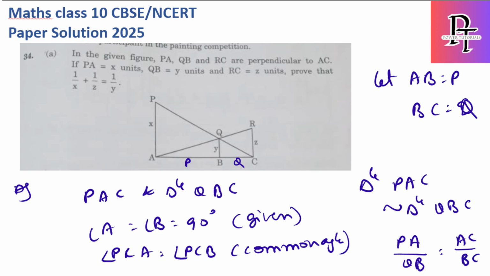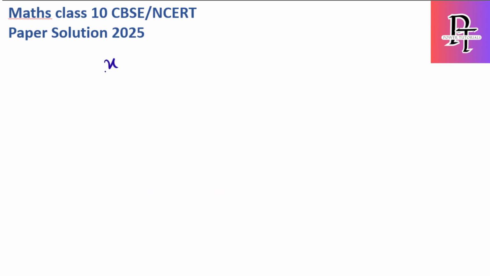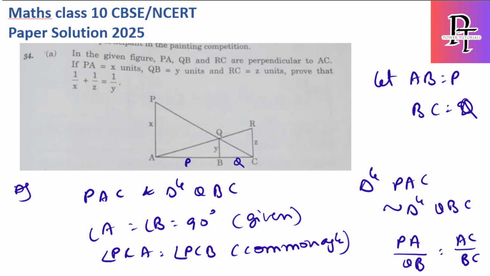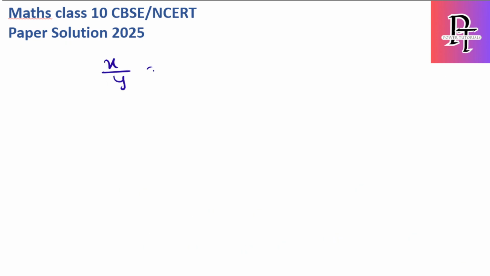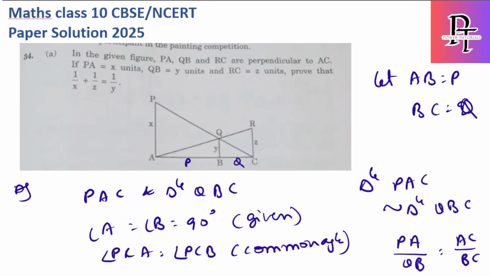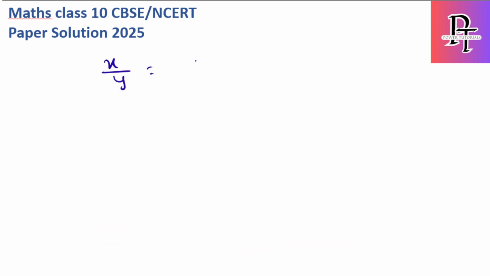PA is how much? X. So X by Y is equal to P plus Q by Q. If you take the inverse, this becomes Y by X is equal to Q by P plus Q. Let's keep it as 1.